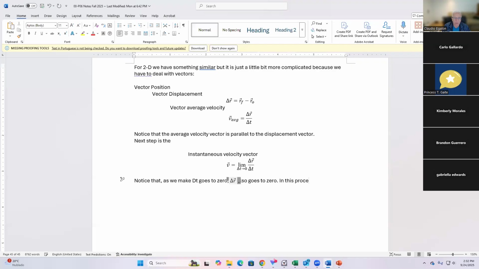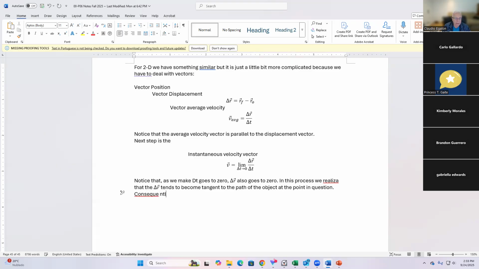In this process, we realize that the delta r vector tends to become tangent to the curve, to the path of the object at the point in question. Okay?